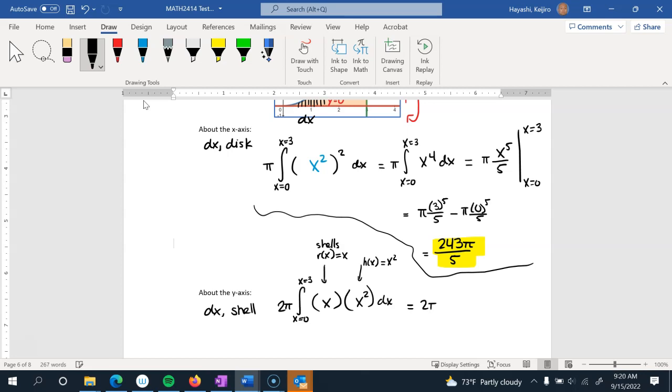Yeah, that's just 2 pi times the integral from 0 to 3 of x cubed dx, which is 2 pi times x to the 4th over 4. Or 1 pi times x to the 4th over 2 if you reduce this. And this is going to be evaluated from 0 to 3.